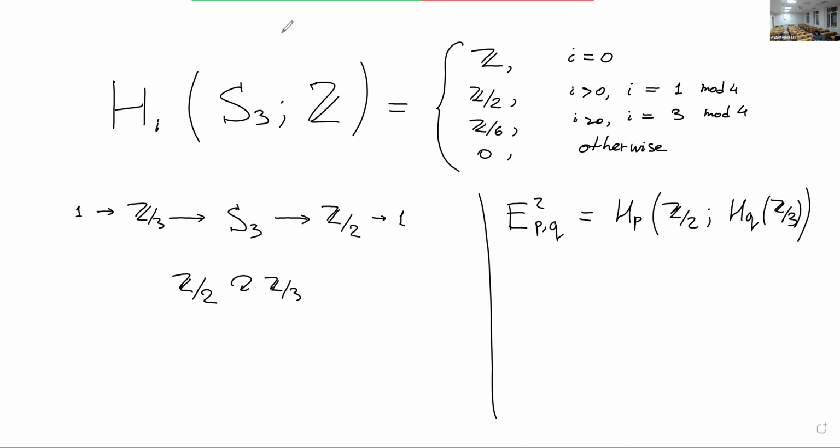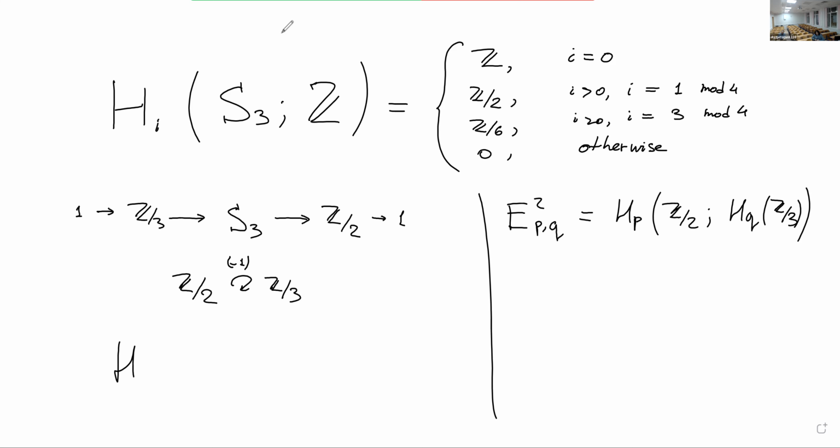But then we know the homology of Z/3: Z in degree 0, then Z/3 in odd degrees and 0 in even degrees. Yeah. Okay.